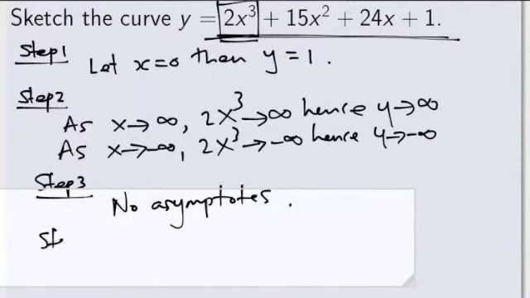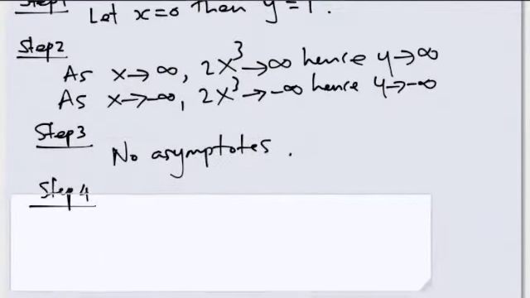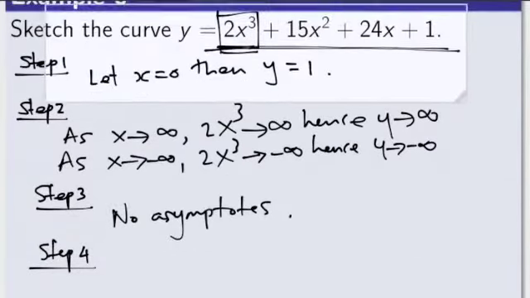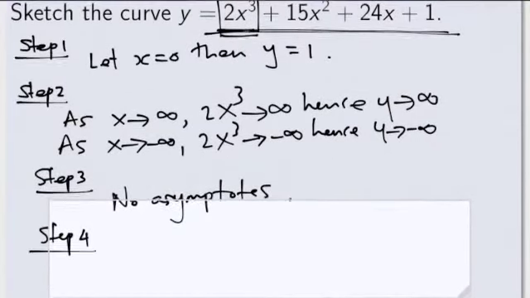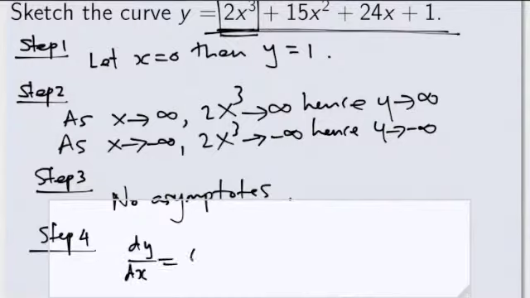In step 4, we need to determine stationary points. In finding stationary points, we need to differentiate y with respect to x, and set that equal to 0. Derivative of 2x cubed is 6x squared.